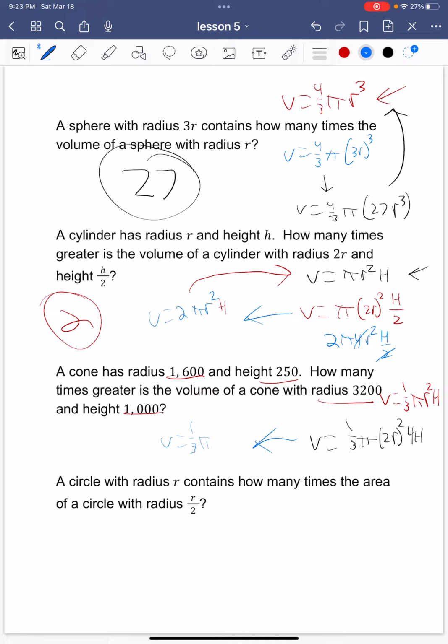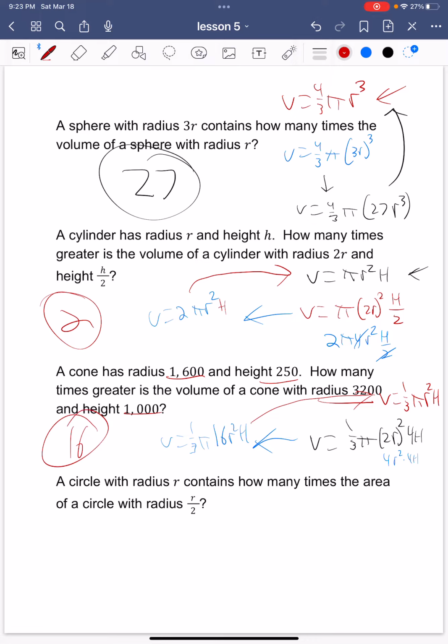The (2r) all squared is going to become 4r squared, and then times the 4h, we're going to have a scale factor of 16. So it's going to be 1/3 pi times 16 r squared h. So now we have to compare. How much bigger is 1/3 pi times 16 r squared h versus 1/3 pi r squared h? Well, that's 16 times bigger.